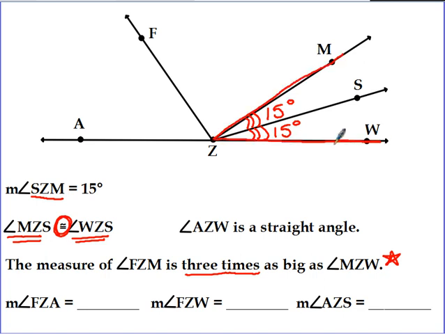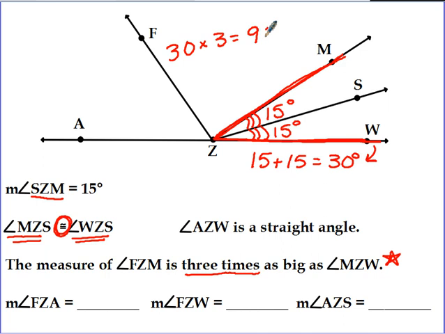So 15 plus 15 is 30 degrees. So I know MZW, that whole big angle there, is 30 degrees. Now it tells me that FZM was 3 times as big. So 30 times 3 gives me that this angle here is 90 degrees.